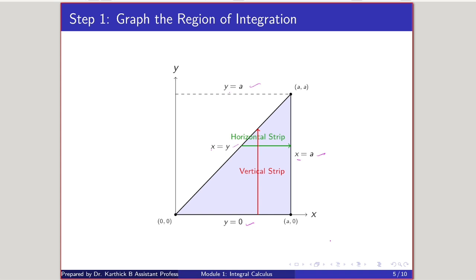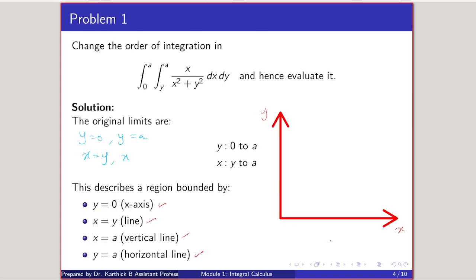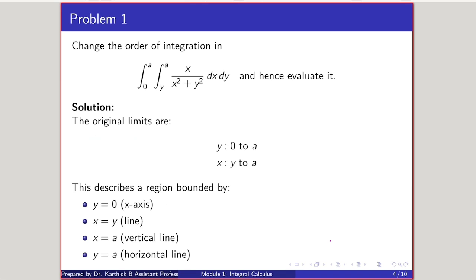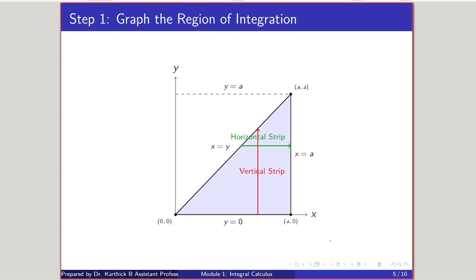Okay, so if you refer to the given problem, they have given us dx dy. After changing, it will become dy dx.